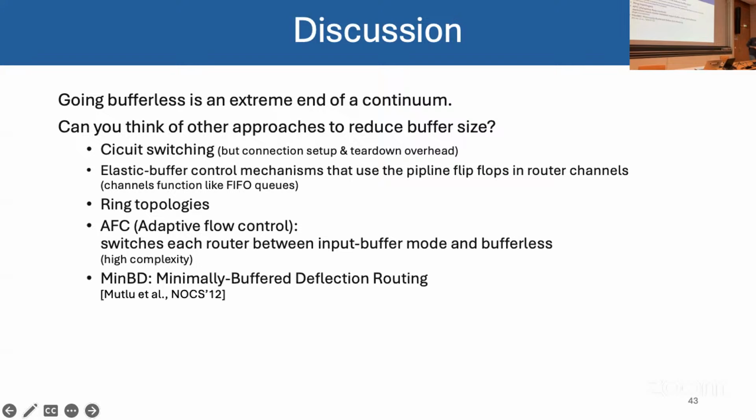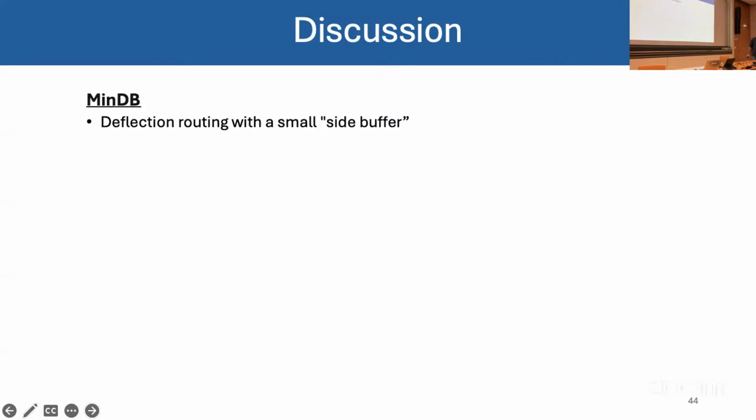And then there's also minimally buffered deflection routing. That's another work that's built up on Chipper and therefore also built up on BLESS. The idea there is that we use deflection routing with a small side buffer.